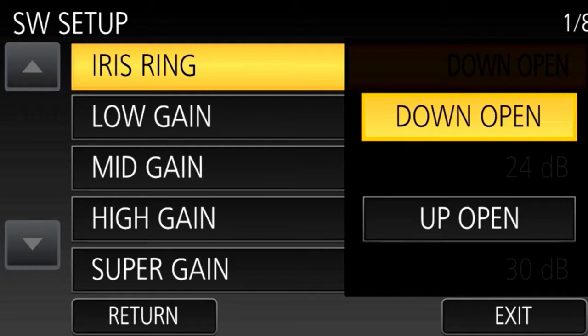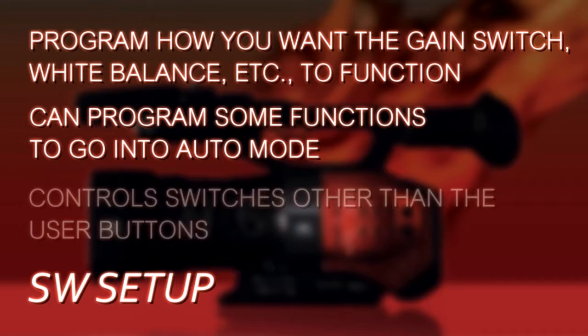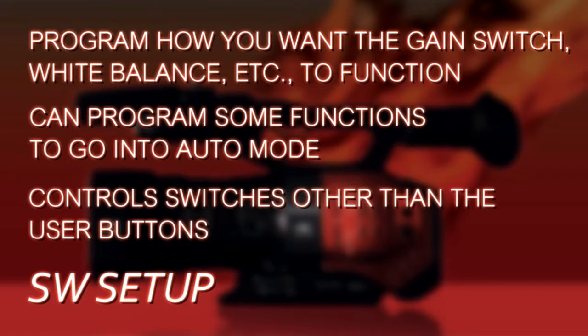So you control how you prefer that physical feature to work. And this is where you'll program what settings you want on the gain switch and how you want the white balance switch to work and whether you want any of the positions on the white balance switch to go into automatic white balance. So how you control or program any of the buttons on the camera other than the user buttons is through the SW mode menu.